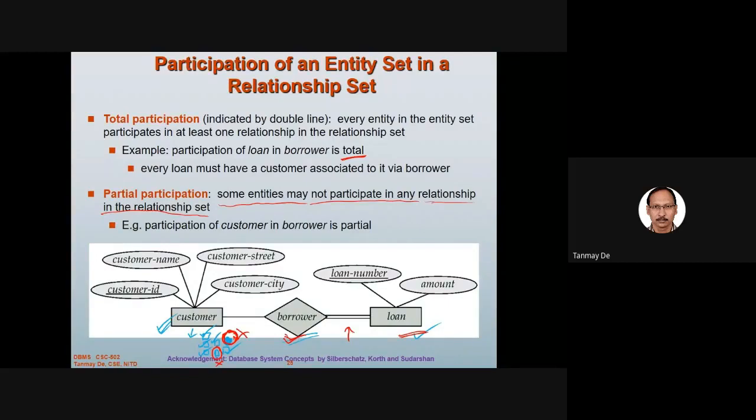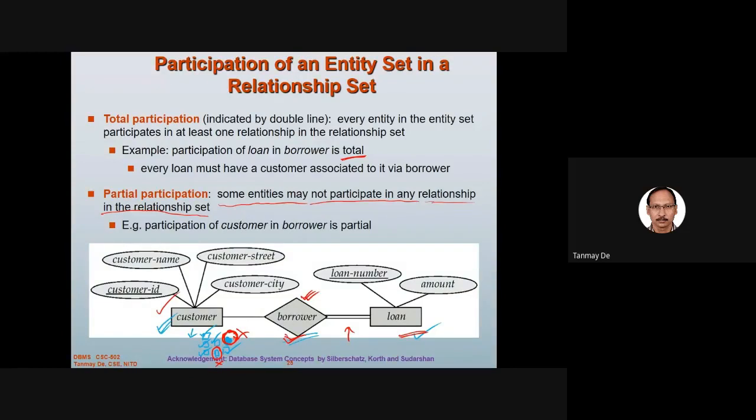How is this partial borrower participation denoted? Participate means this borrower is one of the relationships. What does it signify? The customer has taken a loan from the bank. This loan number and amount is associated with the customer. Okay, that is the participation.